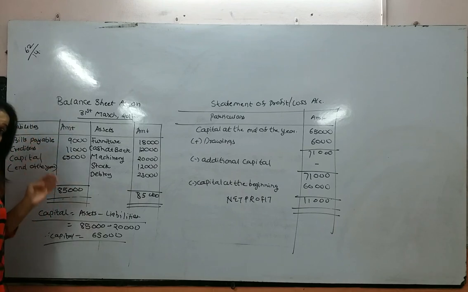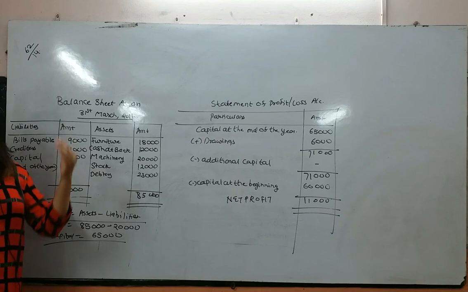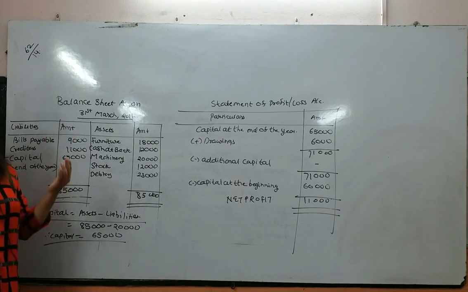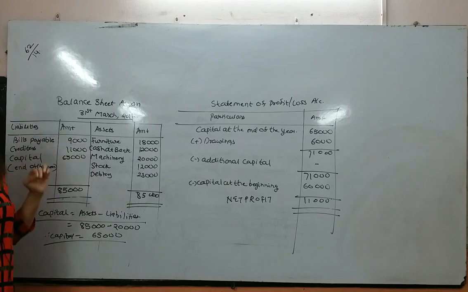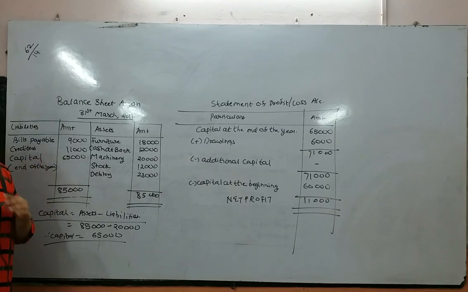With the help of that position, we found out capital at the end of the year. Whenever it comes on position, they have given us a list of items. In that list of items, we divided into assets and liabilities, and we know that capital is equal to assets minus liabilities. Then we got the balancing figure, 65,000, that is going to be our capital at the end of the year.